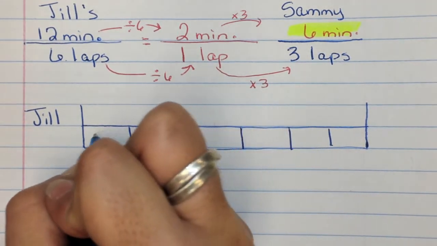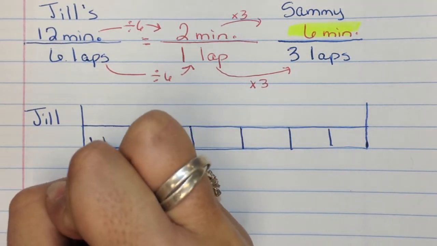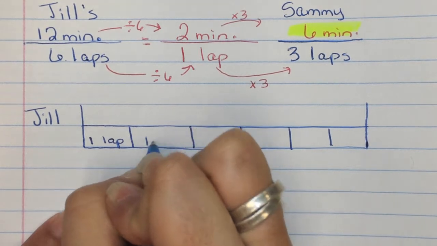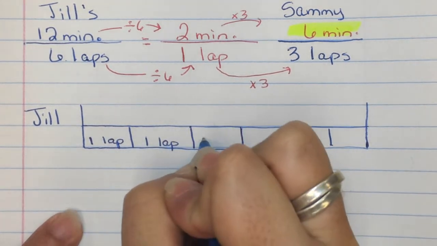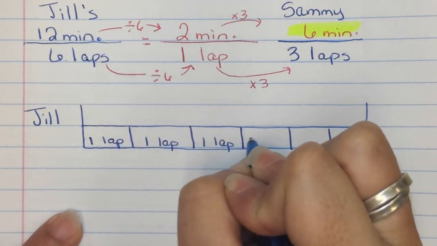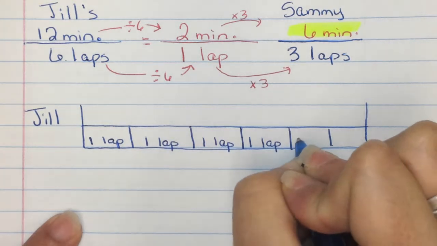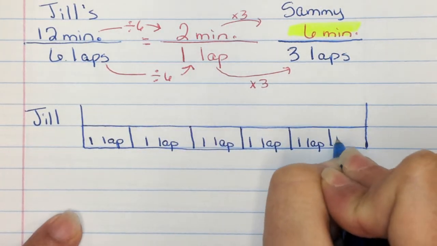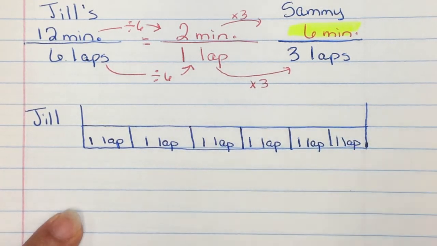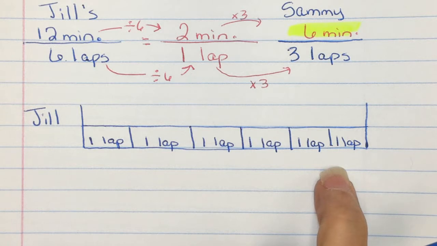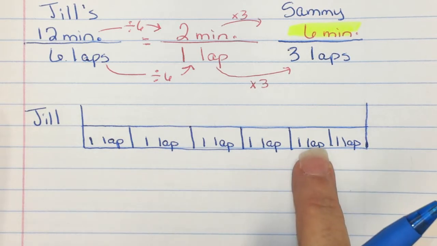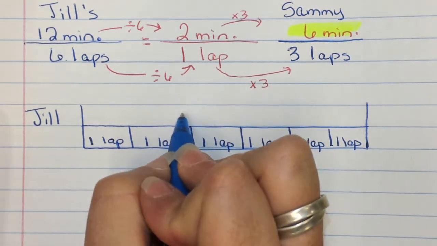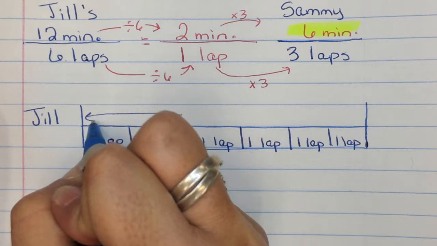Okay? We then have to label it. Each box stands for 1 lap. And I realize it's kind of redundant to write lap over and over, but we have to. So 6 laps, and Jill did that in 12 minutes.